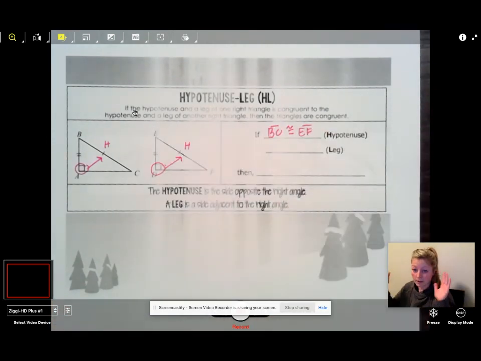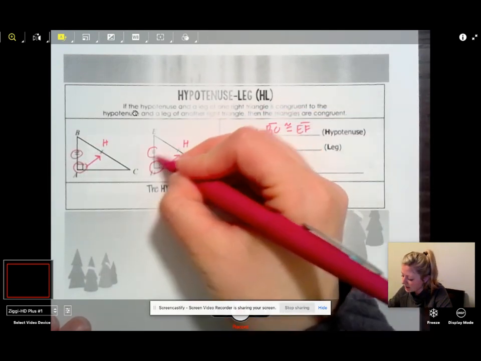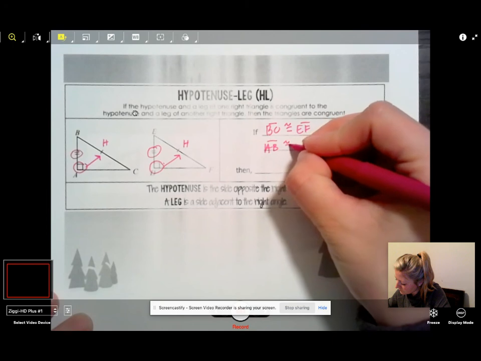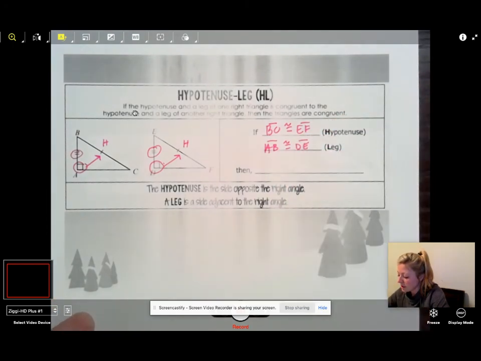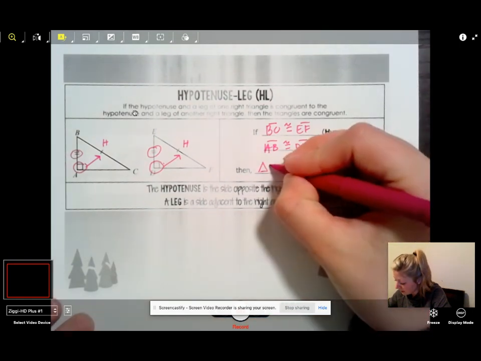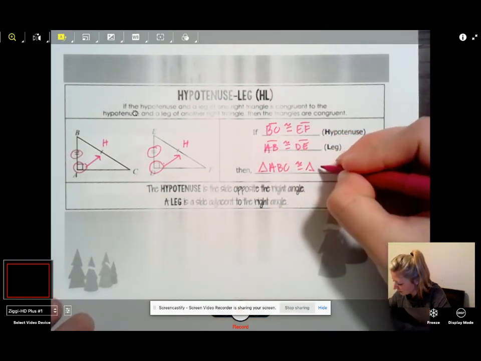If I have another pair of legs on that right triangle, like AB and DE, then that is enough information to say that these two triangles are congruent. So then triangle ABC is congruent to triangle DEF.